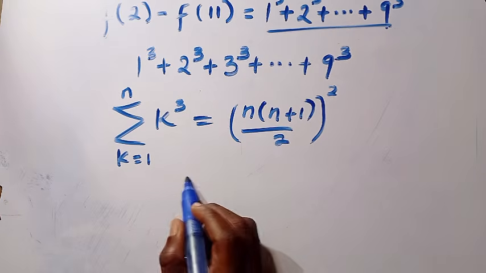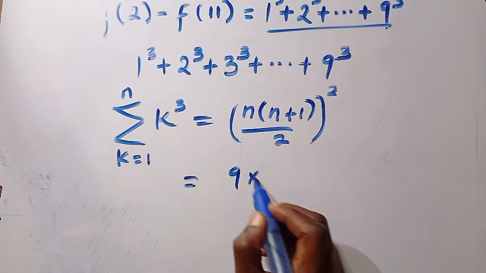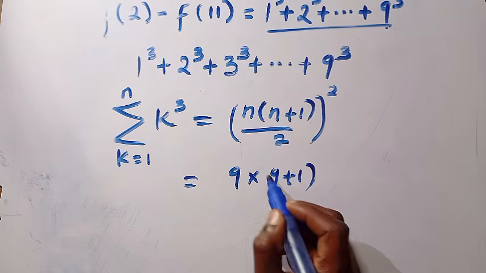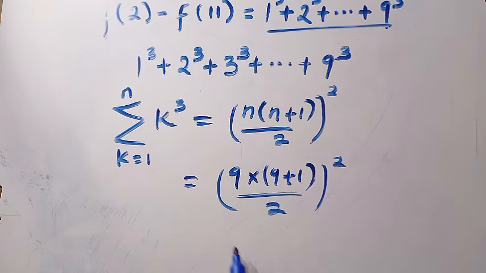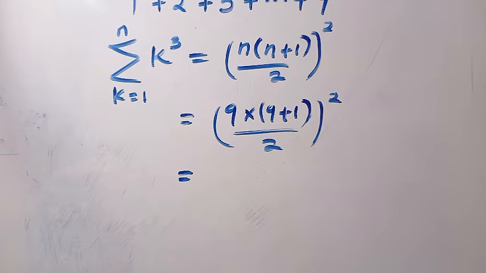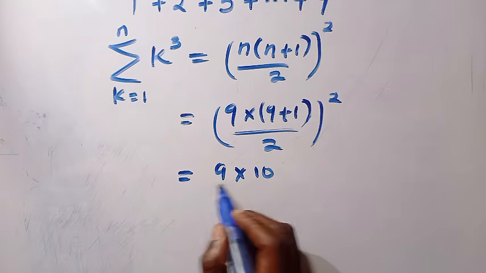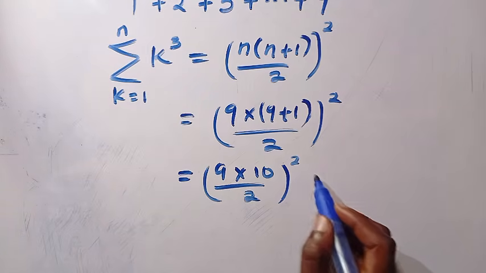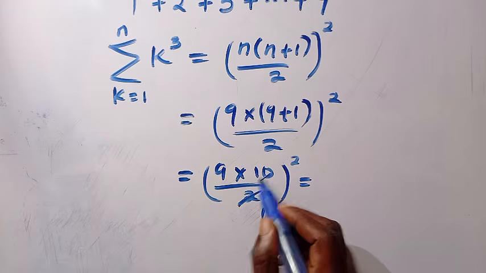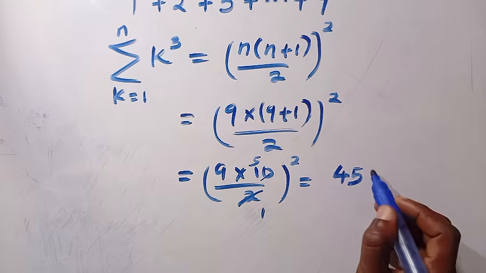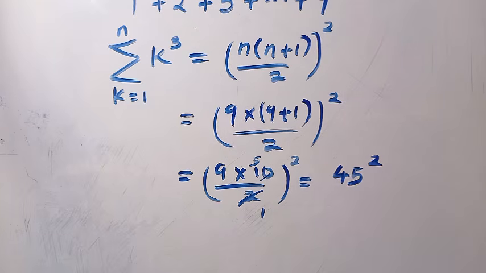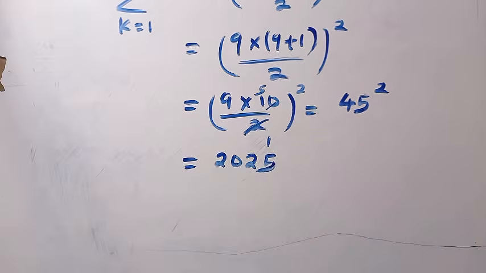So we have 9 multiplied by (9+1), all divided by 2, all raised to the power of 2. This equals 9 multiplied by 10 divided by 2, which is 9 multiplied by 5, that is 45, raised to the power of 2. And 45 squared gives us 2025. So this is what we get for the sum.